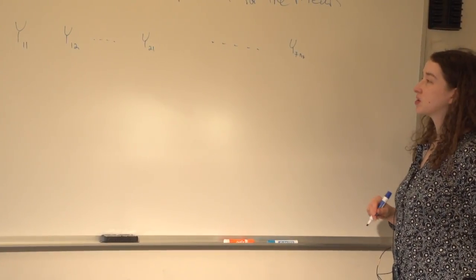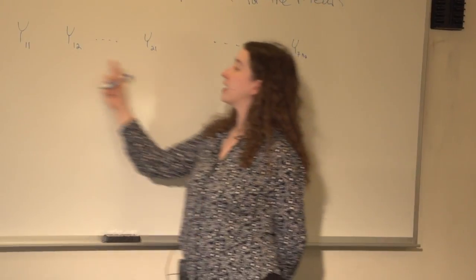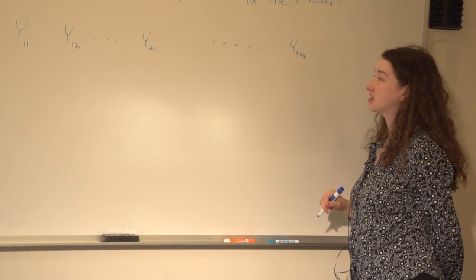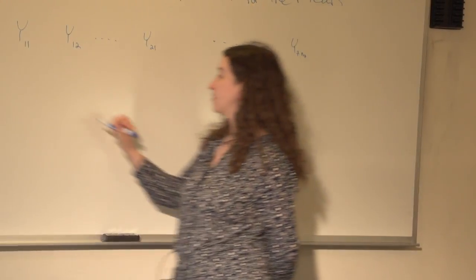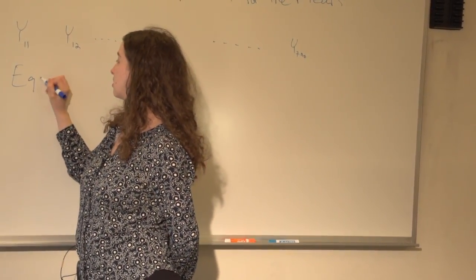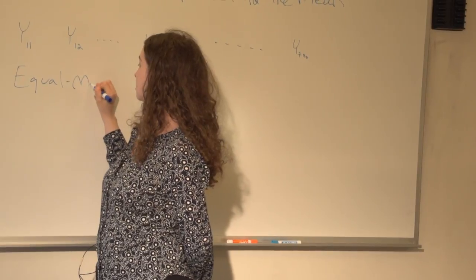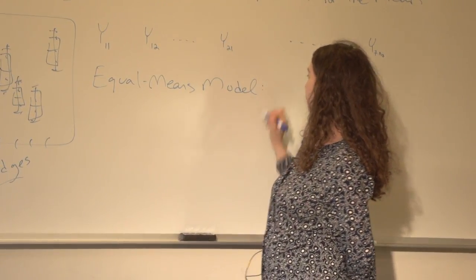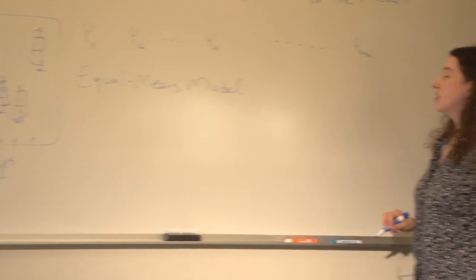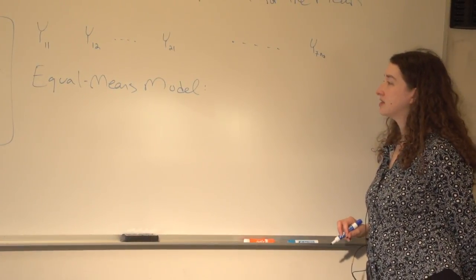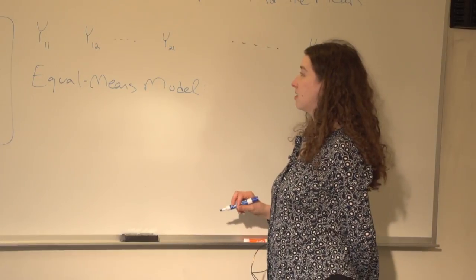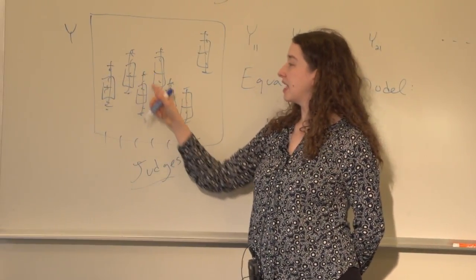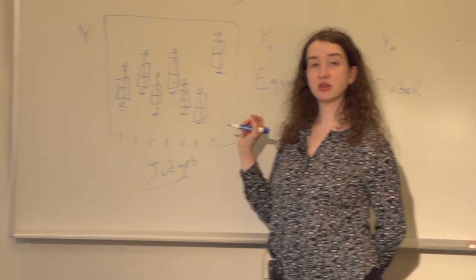The different models we'll talk about have different ways of estimating the means for a point like each of these points. The first model we'll talk about is the equal means model. The equal means model says that the mean outcome is the same regardless of which judge you're talking about.